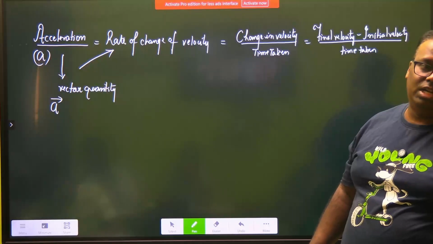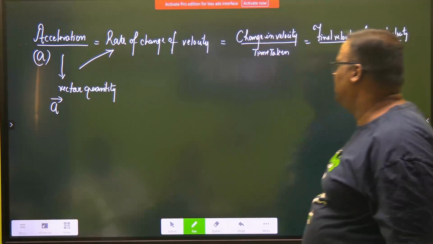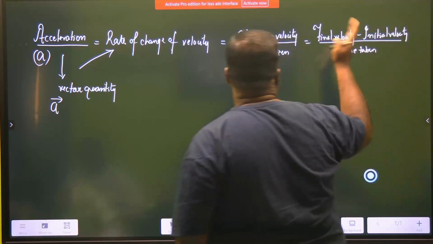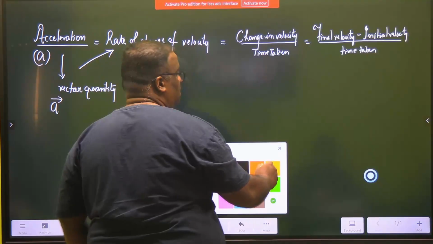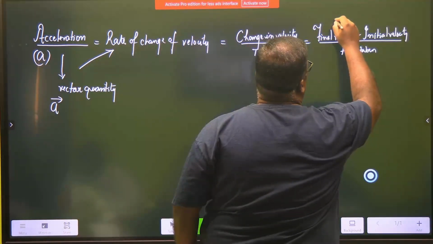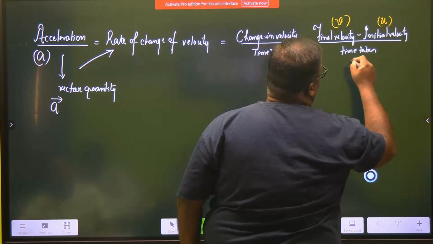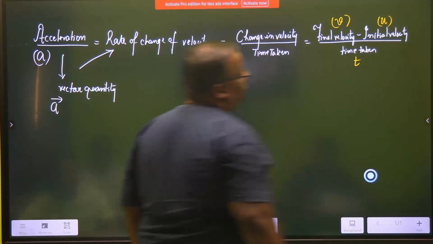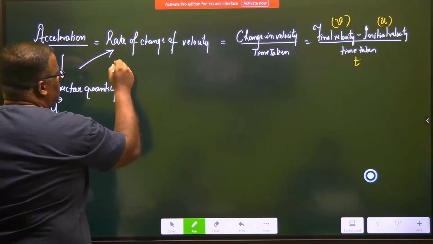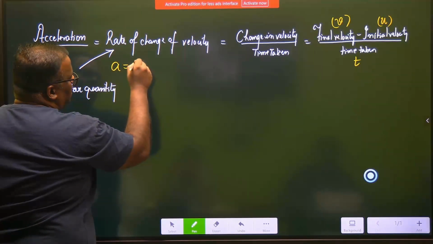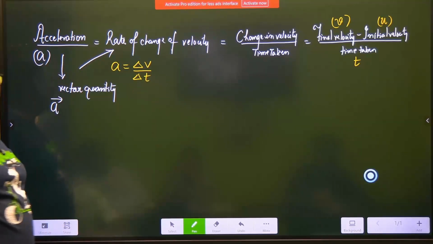But when you go to grade 11, you will be studying it as a vector where the direction will also be important. Now, change in velocity is given by final velocity minus initial velocity, where final velocity is denoted by V and initial velocity is denoted by U. The time taken, obviously T. So acceleration can also be defined as change in velocity over the time taken, delta V by delta T, as we used to say.